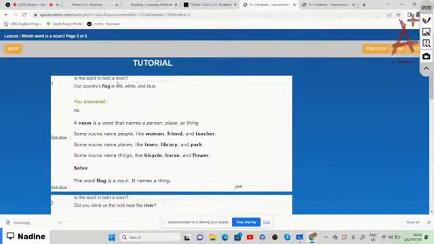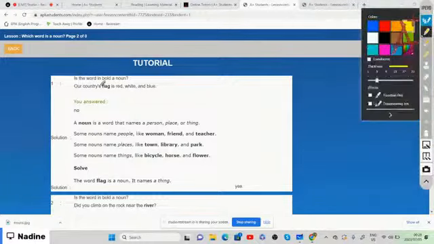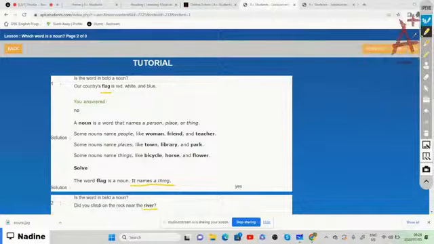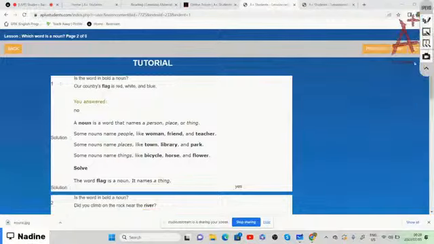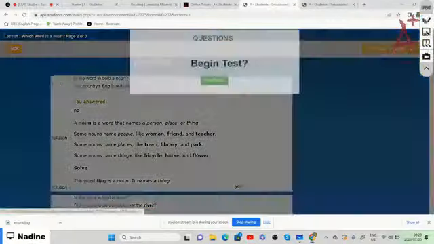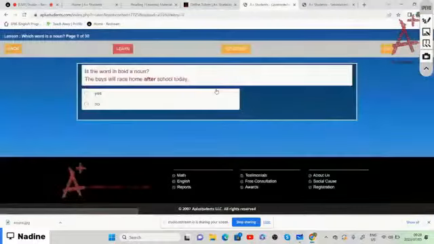So flag, is that a noun? Yep, it is a noun because it names a thing. And then once again, did you climb on the rock near the river? River is also a noun, right?